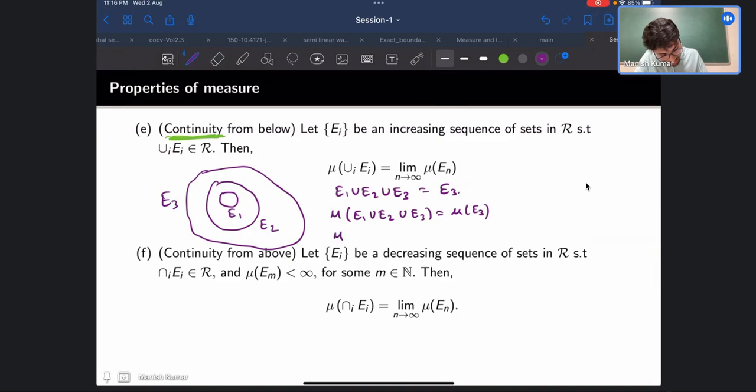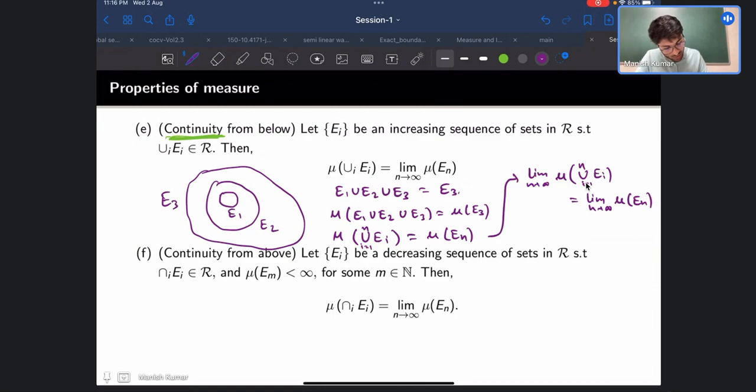It says that mu of the union of Ei, i from 1 to n, is equal to mu of En, just because it is increasing. Now take the limit n tending to infinity. So the limit of mu of the union of Ei, i equal to 1 to n, is equal to the limit as n tends to infinity of mu of En.